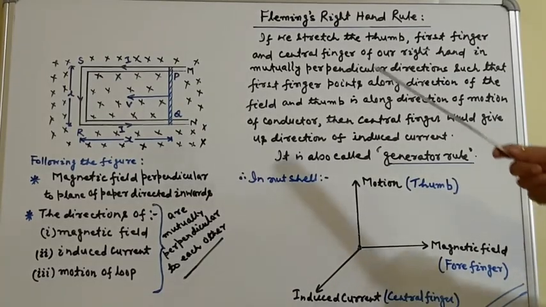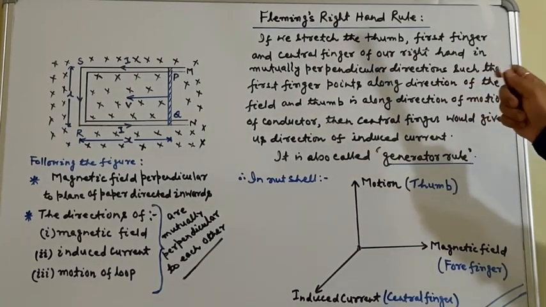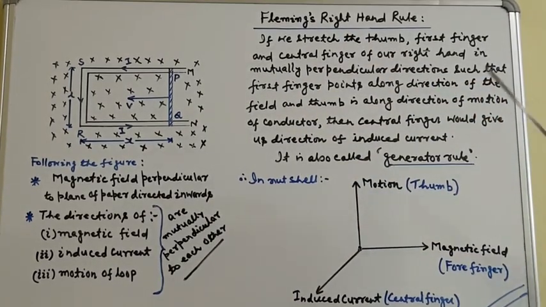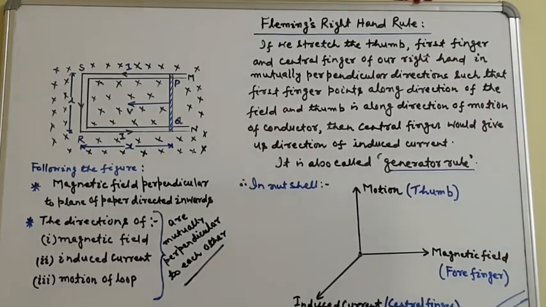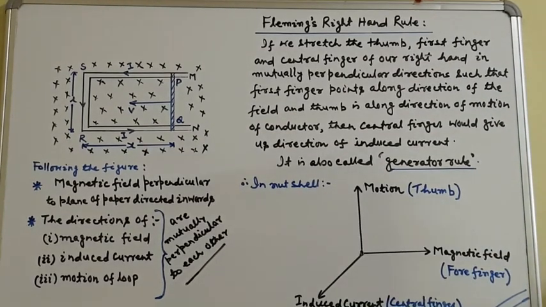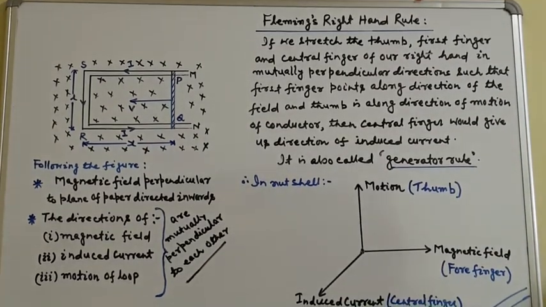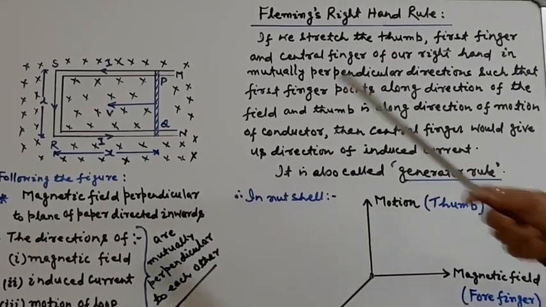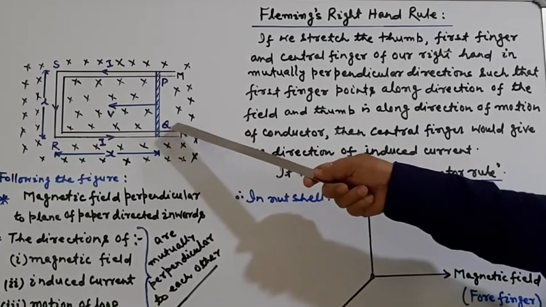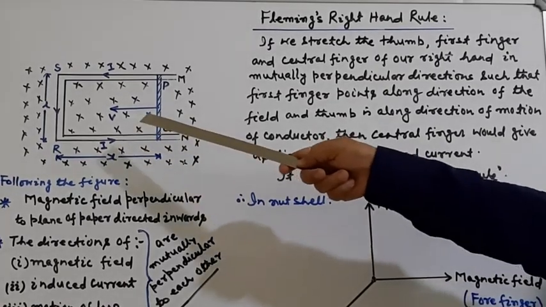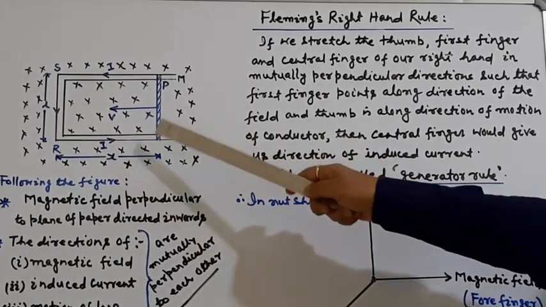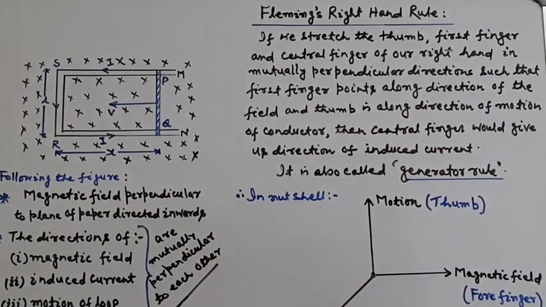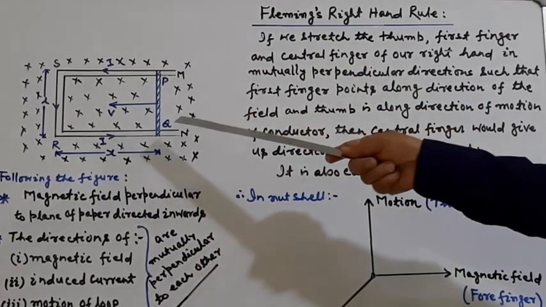Now we shall discuss Fleming's right hand rule. This rule gives us a practical way of finding the direction of the induced current set up in a conductor moving perpendicular to a magnetic field directed inward, as shown here. See this figure?